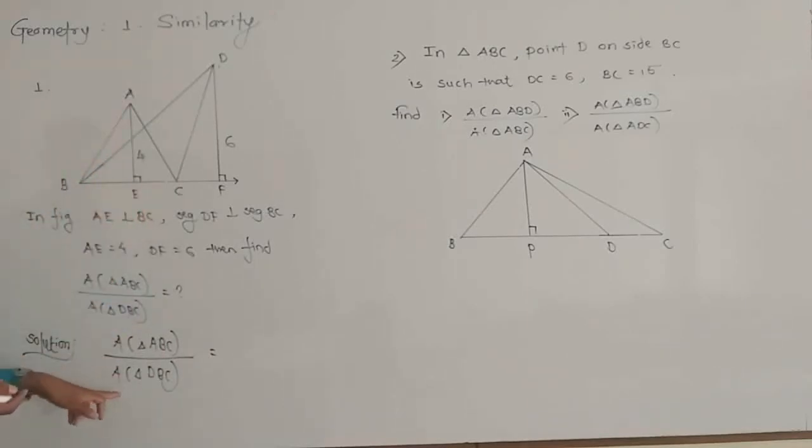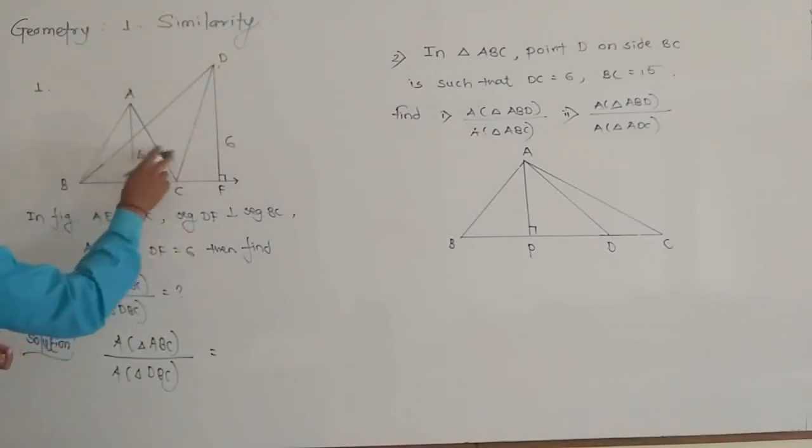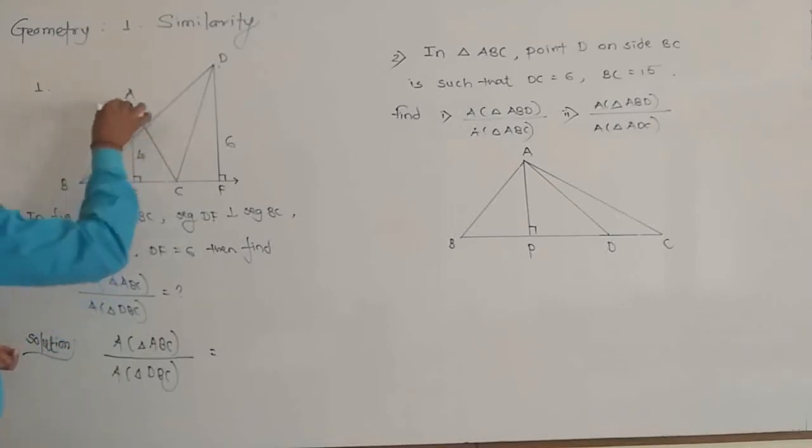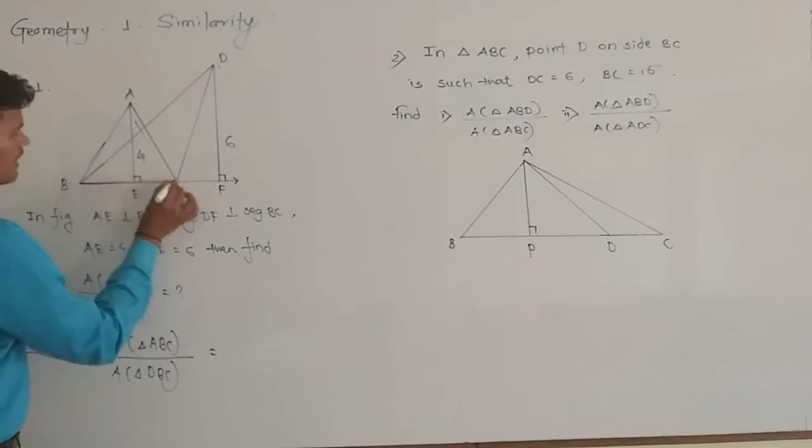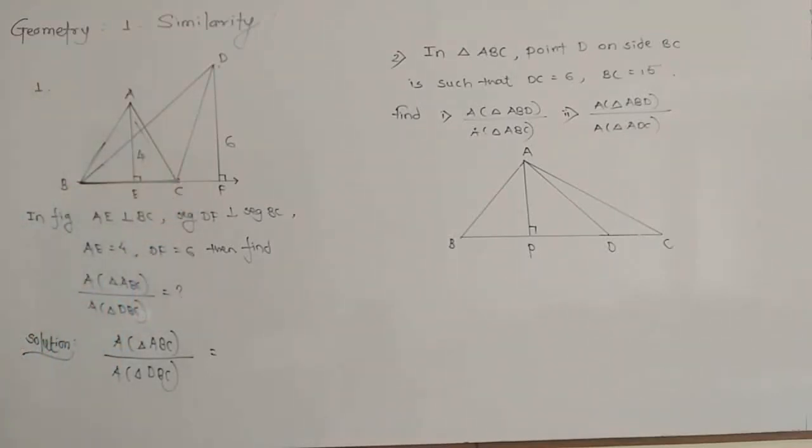ABC. And where is the triangle DBC? Triangle DBC. For both triangles, triangle ABC and triangle DBC, the bases are equal. What is common for both triangles? Bases equal.